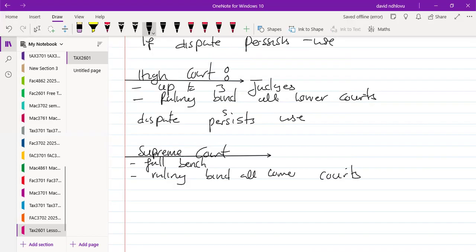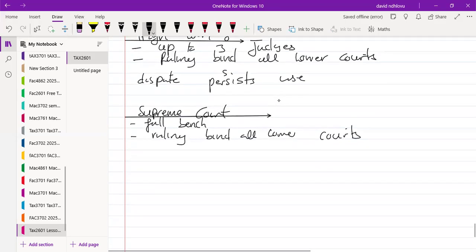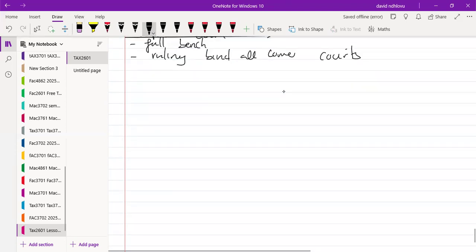Right. Normally, most tax disputes end in the Supreme Court, which is usually the highest court of the land for most disputes. However, we still have the Constitutional Court.